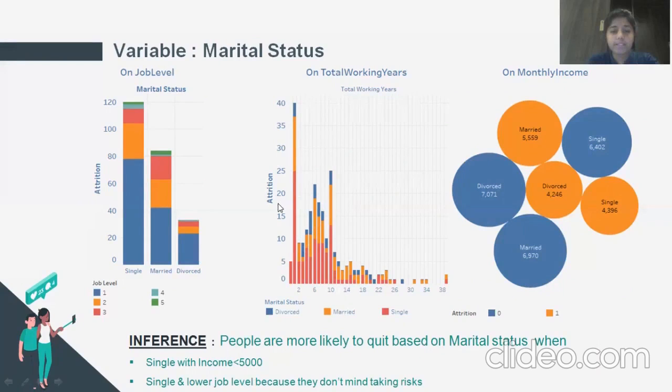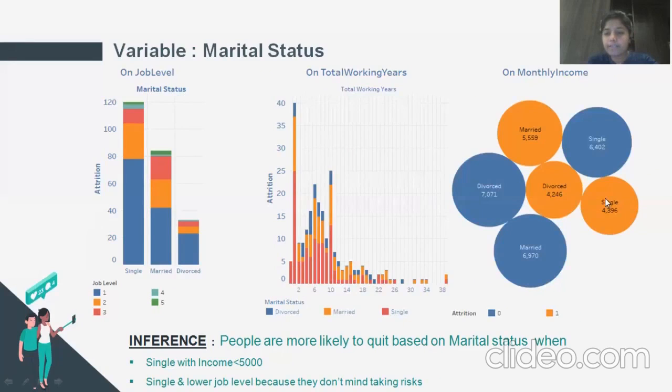Considering total working years, we can say that at the first year we have the highest attrition levels when compared to other years, and in the first year we can see that the highest contributors are singles when compared to the married and divorced. This can be explained from the variable monthly income.